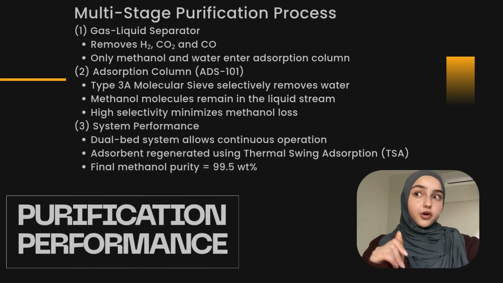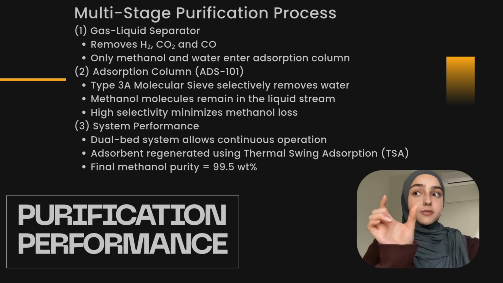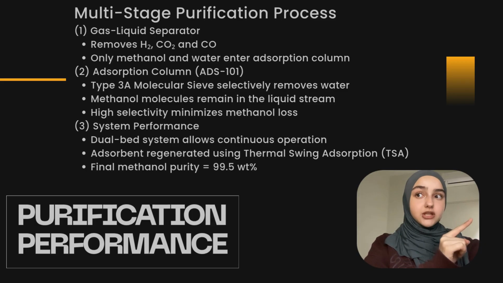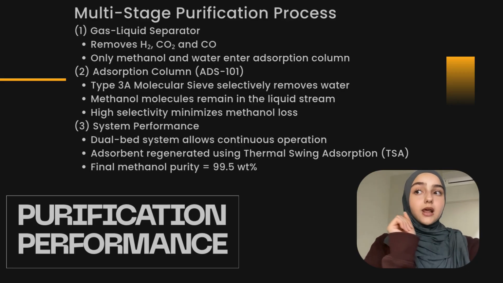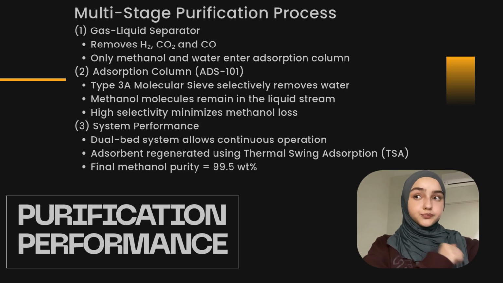Moving forward to the purification performance. It starts with a gas-liquid separator, which removes the unreacted gases. The methanol stream then enters the adsorption column, where the type 3A molecular sieve selectively removes water while allowing methanol to pass through.